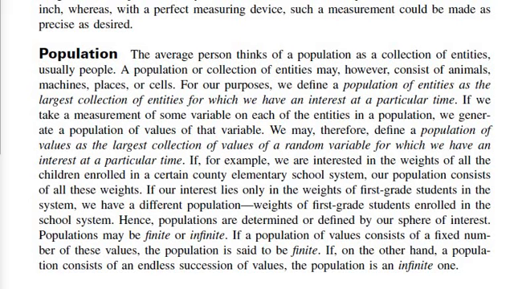Hence, populations are determined or defined by our sphere of interest. Populations may be finite or infinite. If a population of values consists of a fixed number of these values, the population is said to be finite. If, on the other hand, a population consists of an endless succession of values, the population is an infinite one.